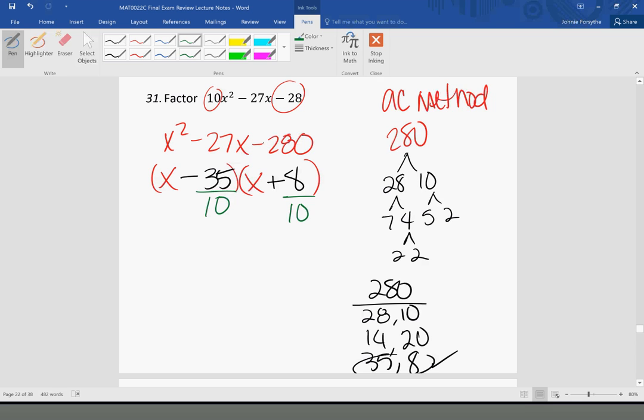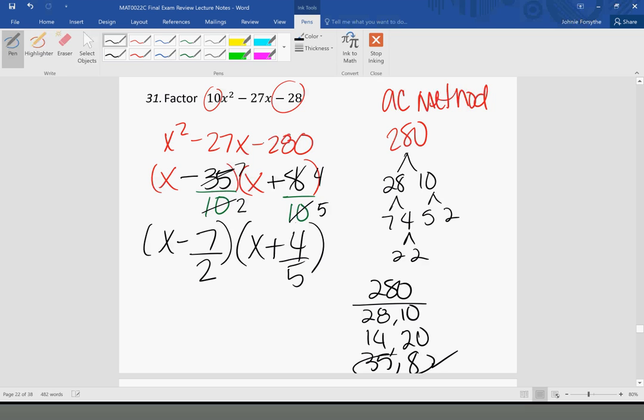So 35 over 10, I can reduce both of those by 5. 5 goes into 35 7 times, and 5 goes into 10 2 times. And then 8 over 10, they can both reduce by 2. 2 goes into 8 4 times, 2 goes into 10 5 times.